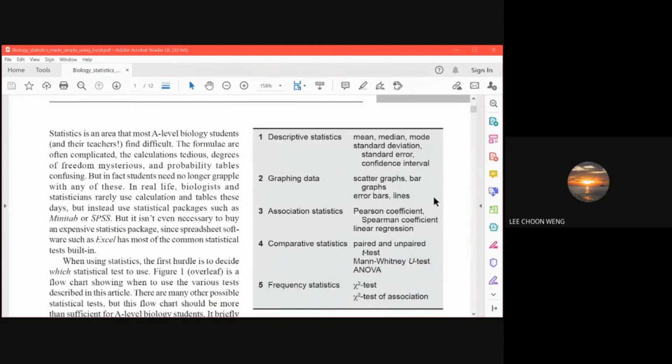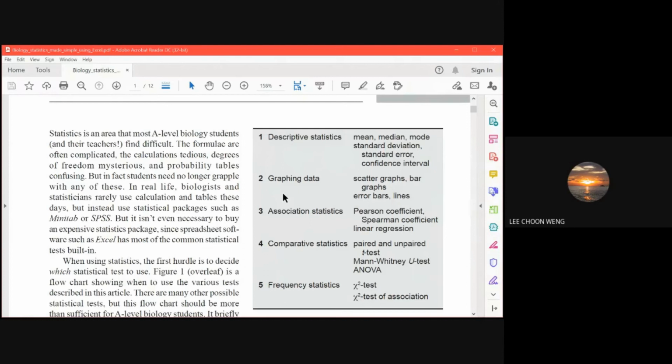For descriptive statistics, when you want to describe your data, we use what I mentioned earlier: mean, median, mode, standard deviation. When you want to graph your data, it means you want to present your data in a more friendly manner.